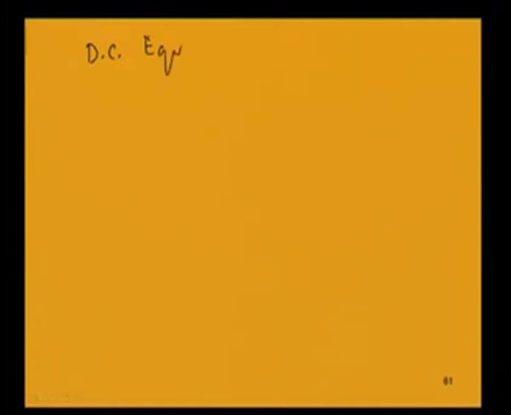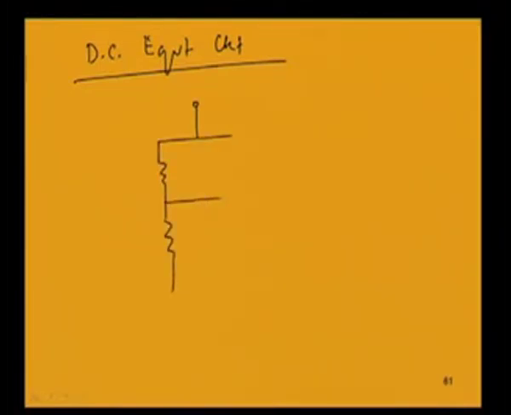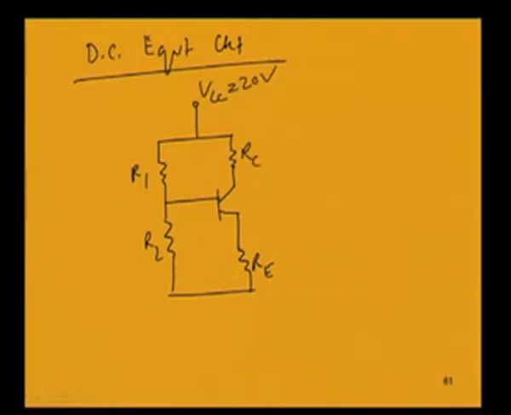So if we draw the DC equivalent circuit, it will be having R1 and R2 in parallel, this is Rc, and this is the transistor emitter resistance, VCC 20 volt, Rc is equal to 4 kilo ohm, and for this transistor beta value is given as 100.